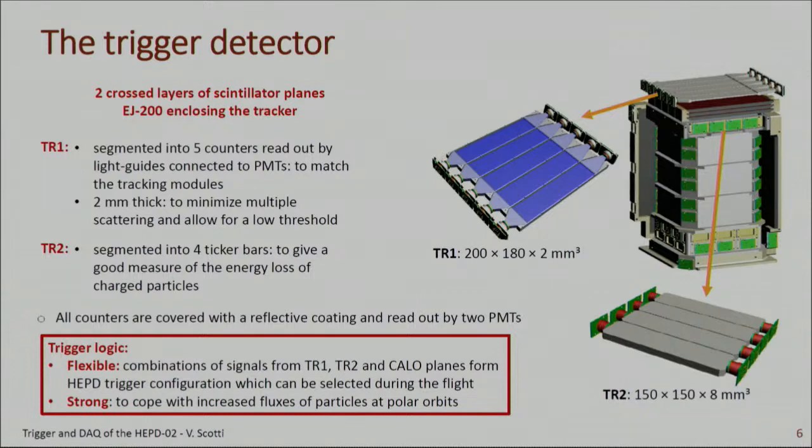This allows us to have a flexible trigger logic and to select several kinds of particles impinging on our detector. This system has to be well designed and robust in order to select interesting particles at very high fluxes, like at the poles.